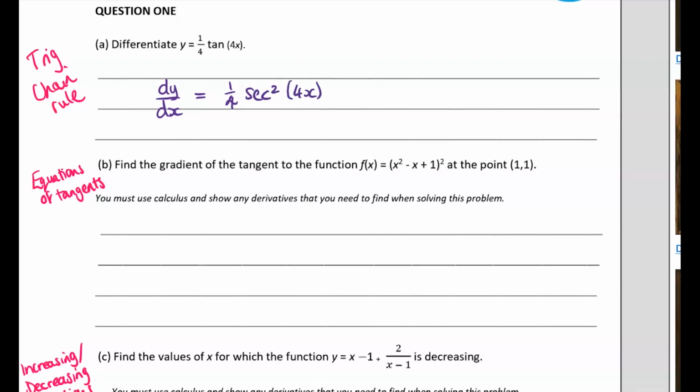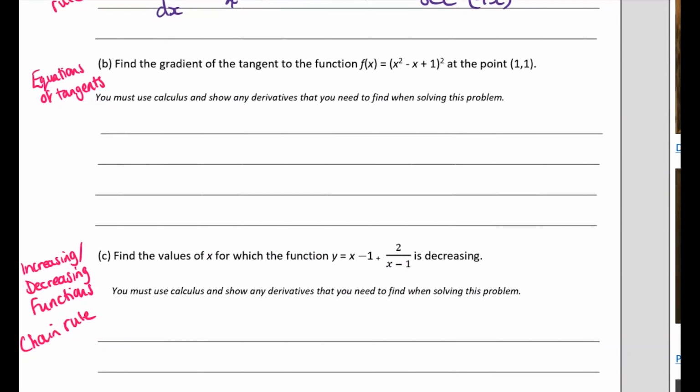Don't do anything with that just yet, and then multiply it by the derivative of the inside of that function. So we are going to differentiate 4x, that becomes 4. So the quarter multiplied by the 4, they cancel out, so we just get sec squared 4x.